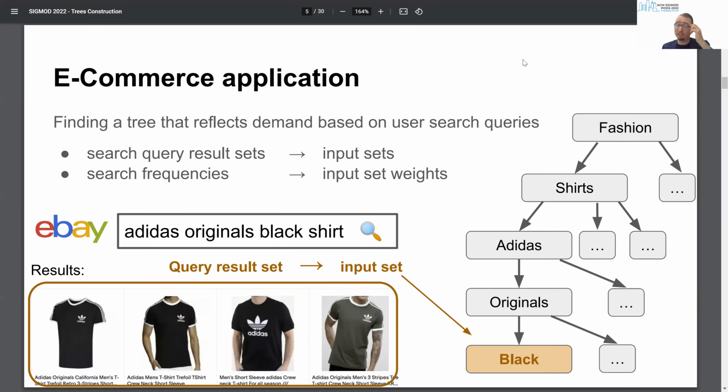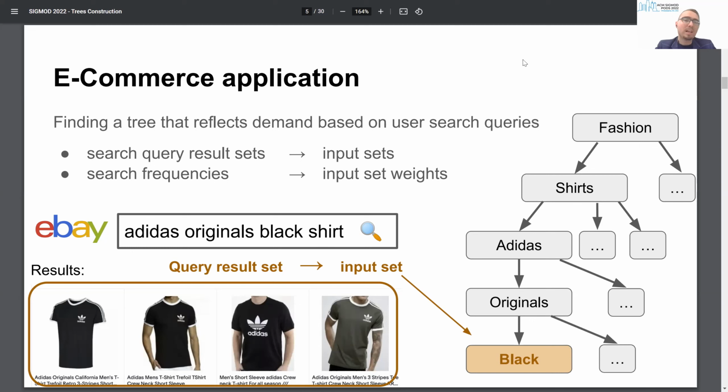How do we translate this problem to the e-commerce application? In e-commerce, we have a lot of search queries, and we can use the search query results as the input sets because those queries identify user interest. For example, if you have a lot of queries like shirts, Adidas shirts, or black shirts, you can use the subset of items returned by the search engine as the input sets.